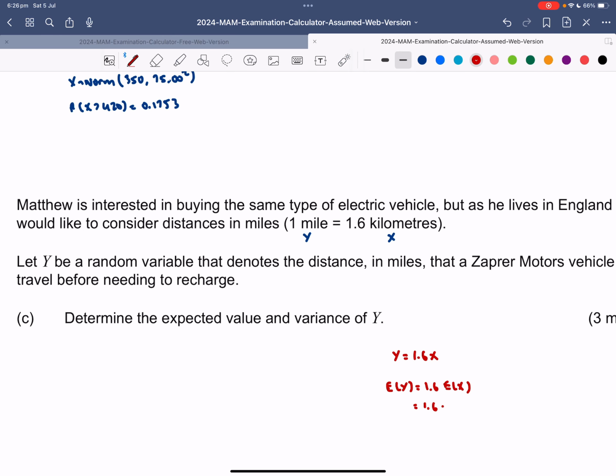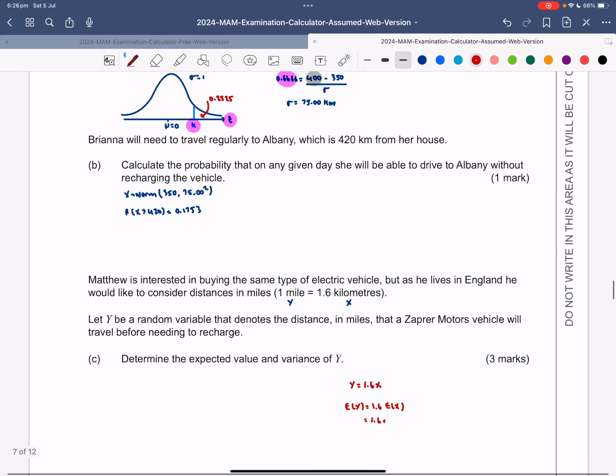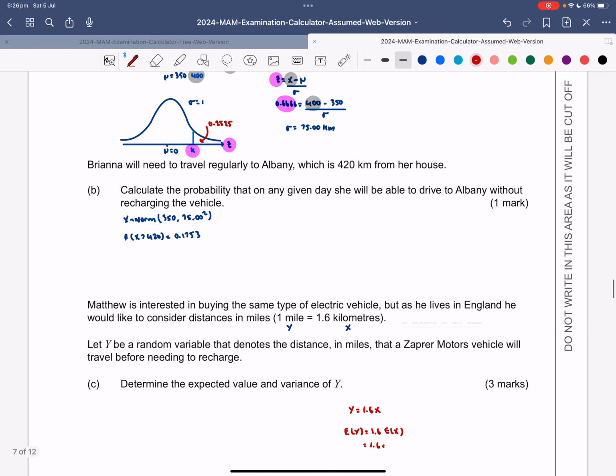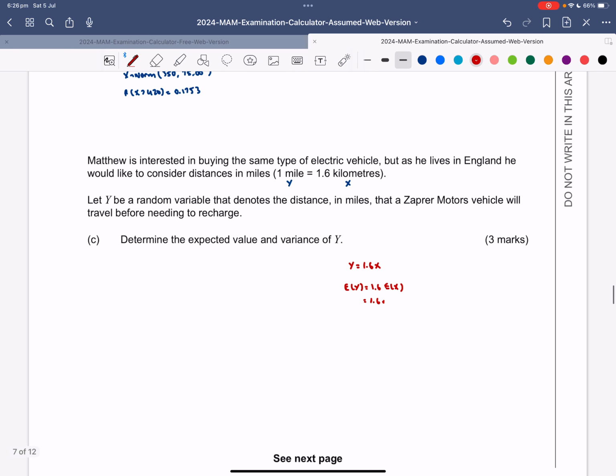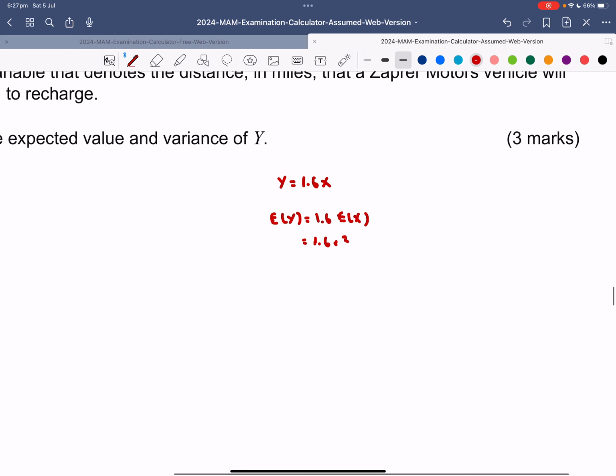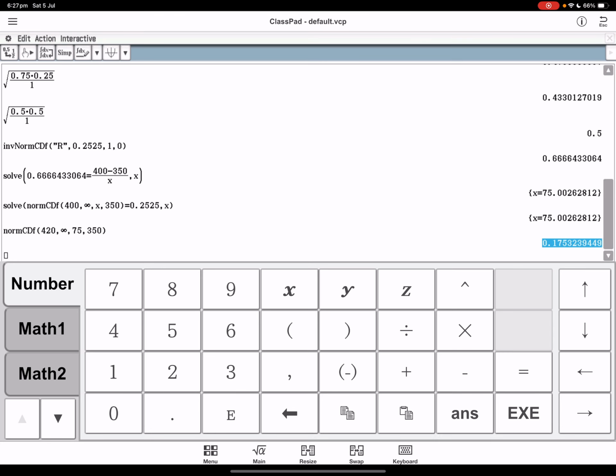So then that's 1.6 times the previous expected value, which was 350. So 1.6 times 350, and look what it gives us.